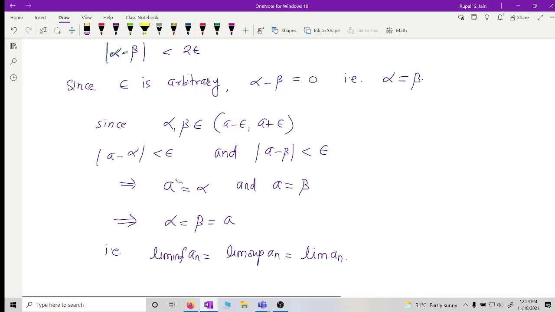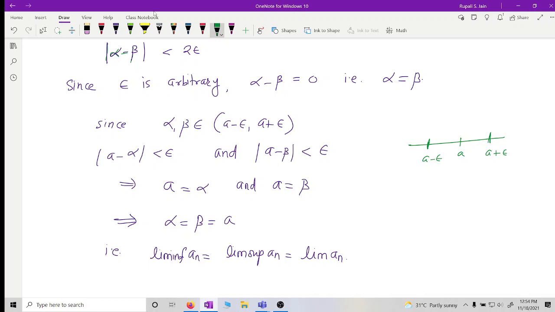You can draw this. Here A will be, A minus epsilon and A plus epsilon, right? If this distance is epsilon, A minus epsilon and A plus epsilon, say 2 epsilon. From here to here, what will be the distance? What is this distance? 2 epsilon, right?